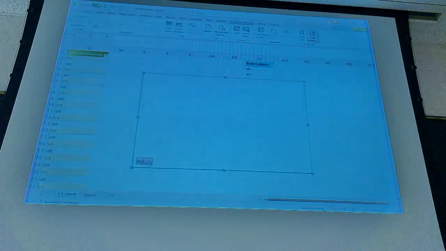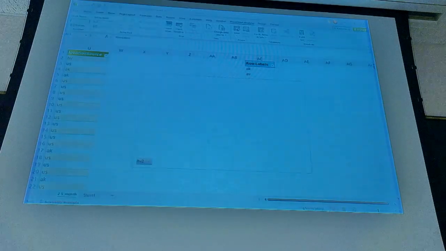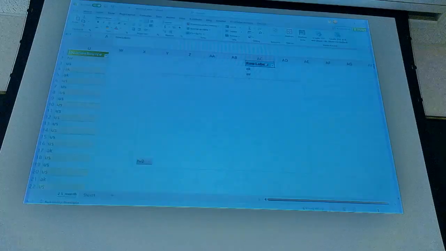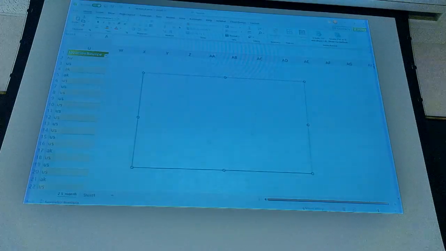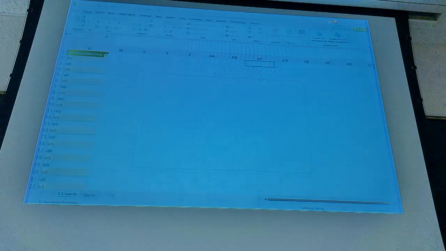Yes, it should be. Sync data. Oh, I have a pivot in here, it's not going to let me do it. Are you kidding me? Delete. Select data. Thank you.